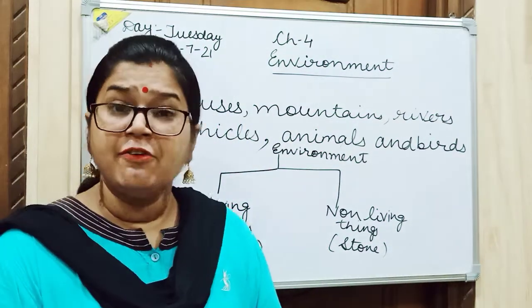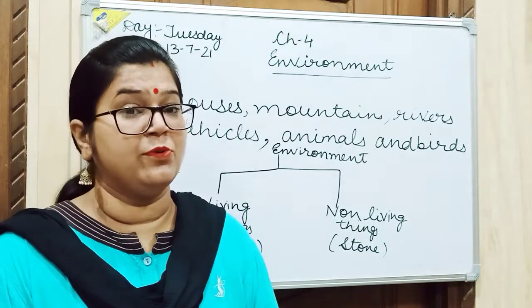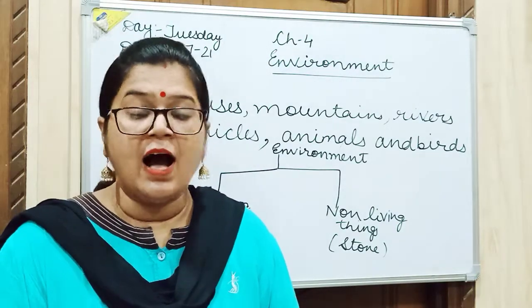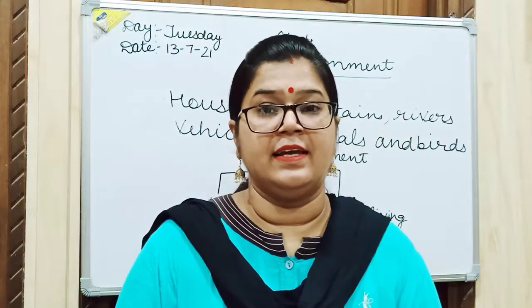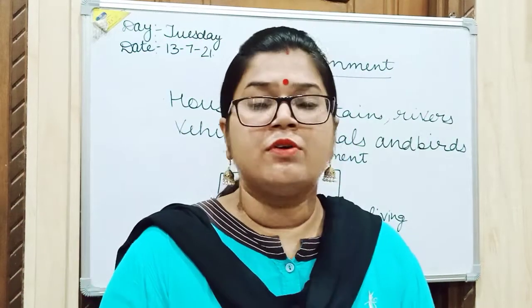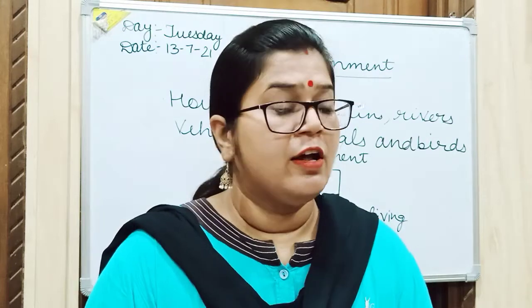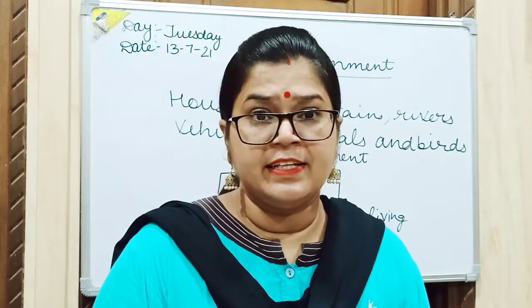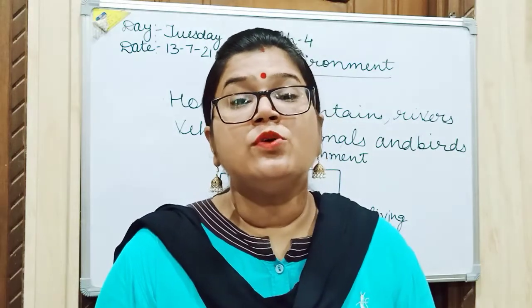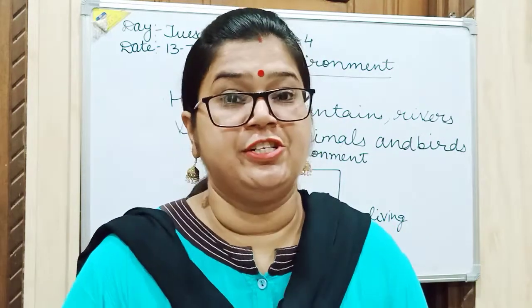But in reality we are not doing so. We make our environment dirty and unhealthy. We throw garbage here and there. For example, we throw plastic bottles here and there. This pollutes our environment.